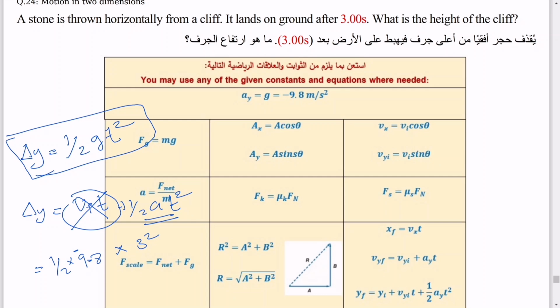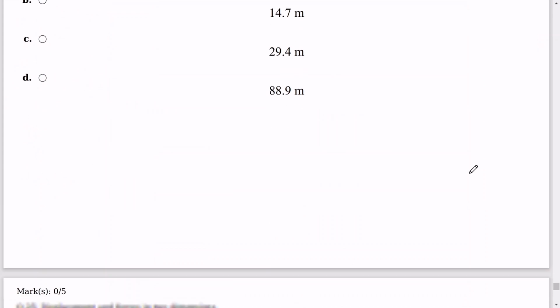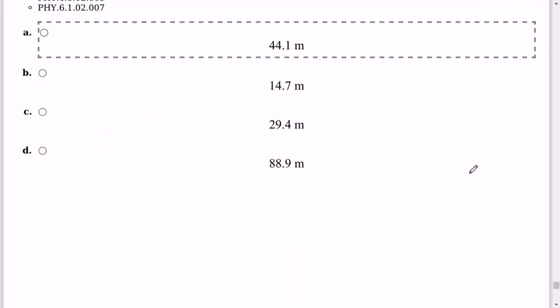So 0.5 multiplied by negative 9.8 multiplied by 3 squared equals 44.1. The negative just represents that the displacement is downward. So your answer will be 44.1 meters.